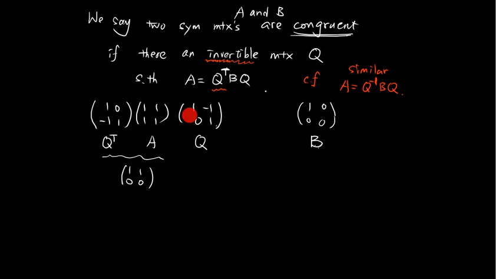When you multiply an elementary matrix at the end, then it is a column operation. And after that, you will realize that these two are the same. So A is congruent to B.